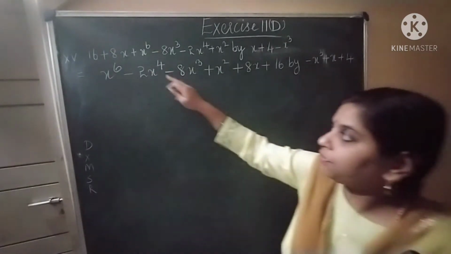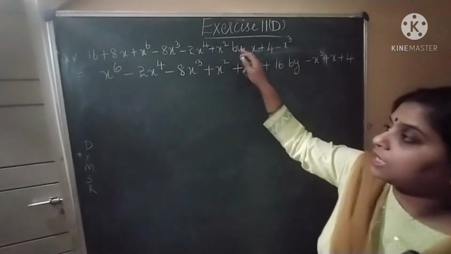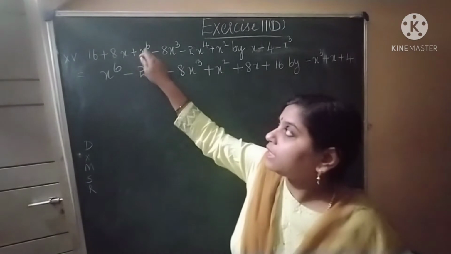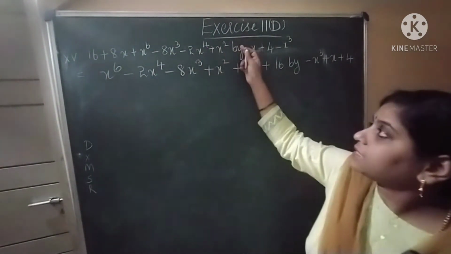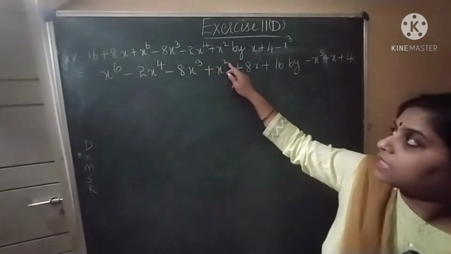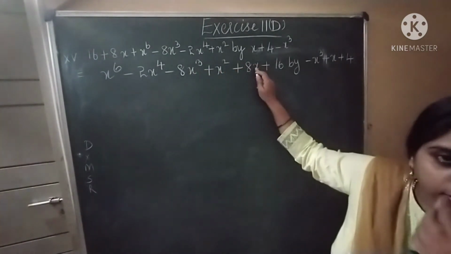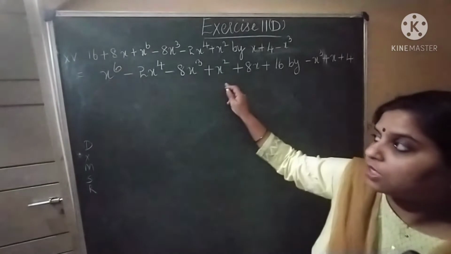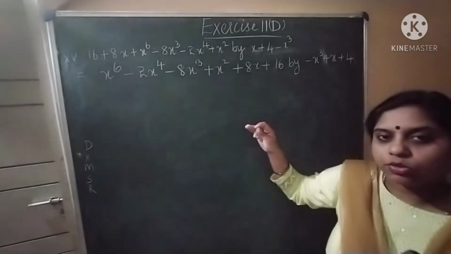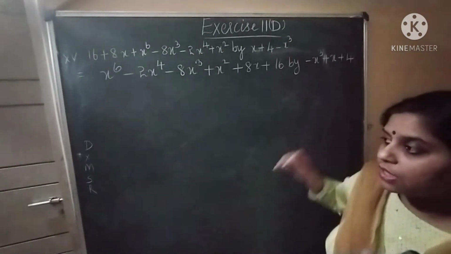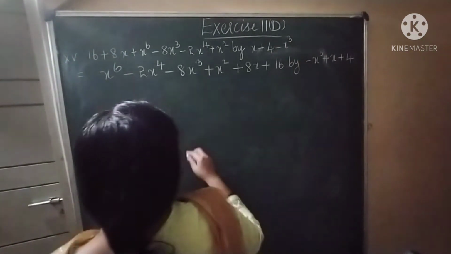If you observe carefully, these terms in the dividend, the higher order here is 6 and the next higher order is 4, then the next higher order is 3, next higher order is 2 and next higher order is 1 for the terms. So accordingly, from higher order to lower order, you have to write the dividend. Similarly for the divisor. Then later we will start dividing.